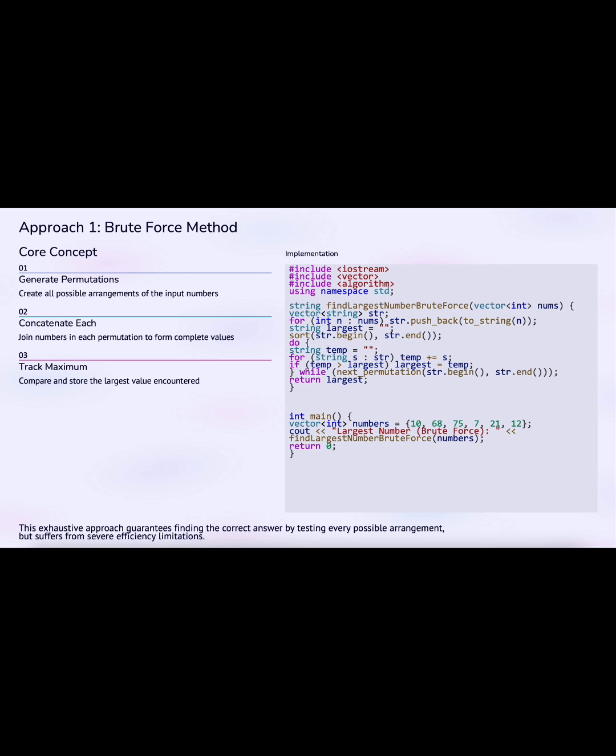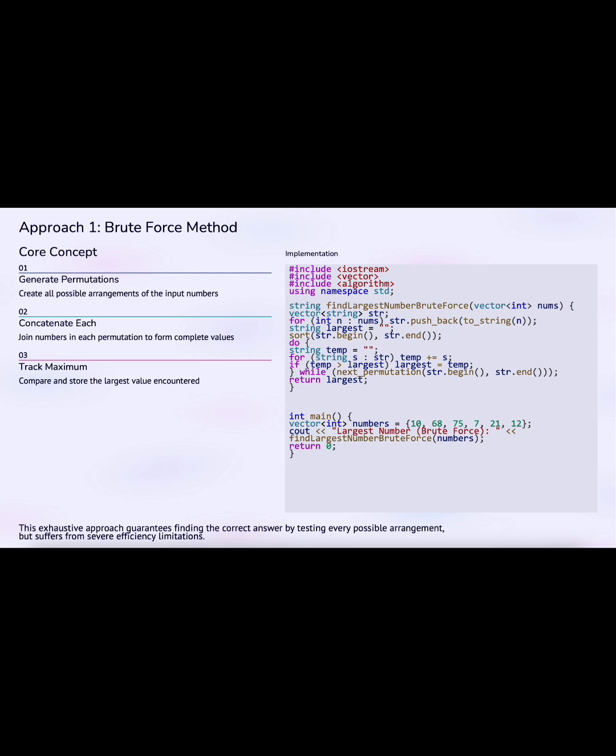Inside a do-while loop, each permutation of the strings is joined together into a string called temp. This string represents one possible concatenation of all numbers. We then compare temp with largest. If it's greater, we update largest. This process continues until all permutations have been checked. Finally, we return the largest string, which holds the maximum possible number formed.